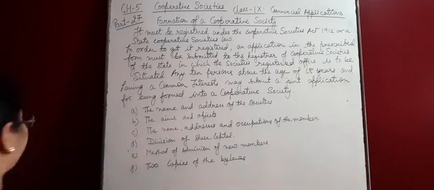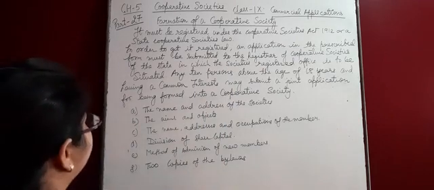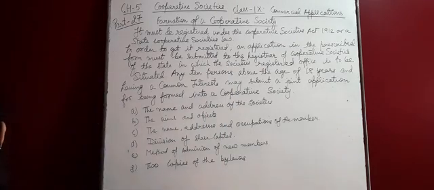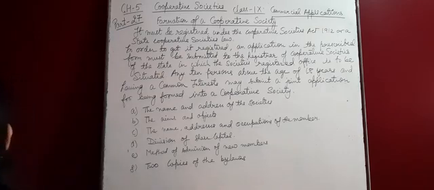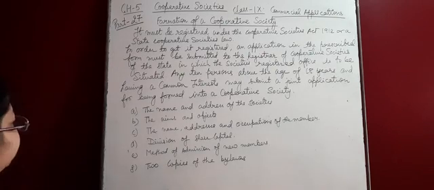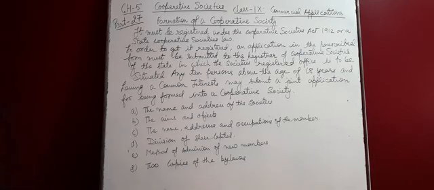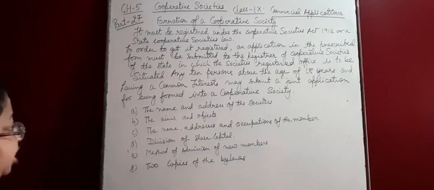Clear? Now, once the application for registration along with the copies of bylaws is submitted, the registrar of the cooperative societies will carefully scrutinize them in order to ensure that they are in accordance with the provisions and the spirit of the Cooperative Societies Act. When he is fully satisfied, he will enter the name of the society in his register and will issue a certificate of registration.